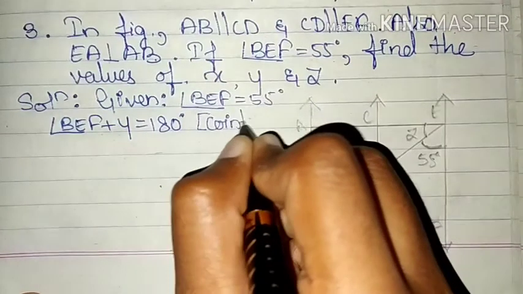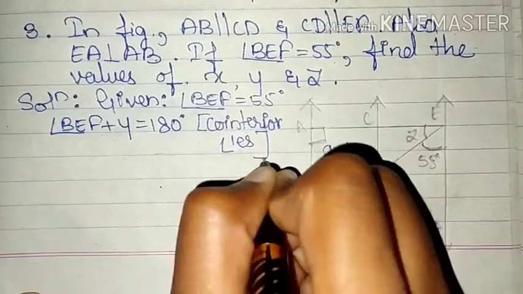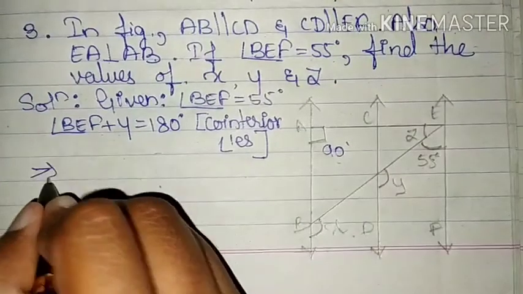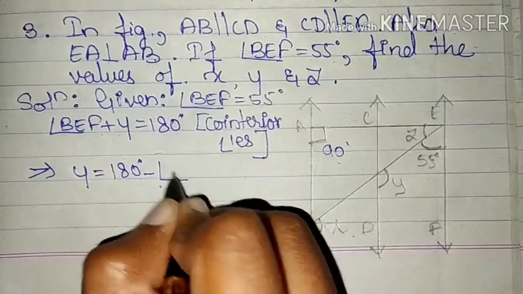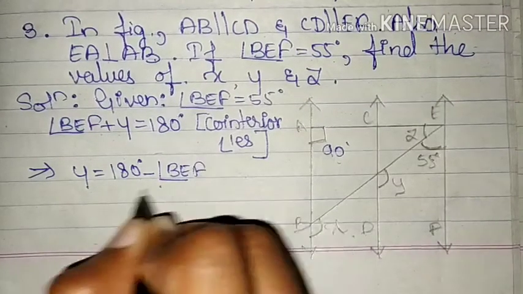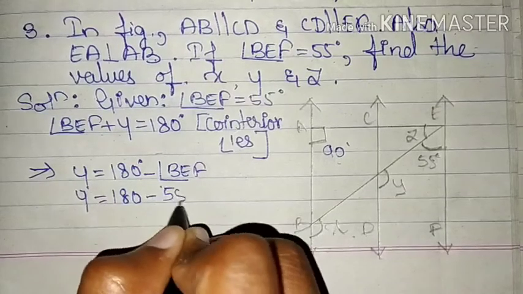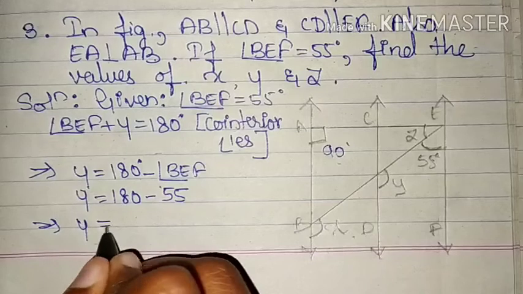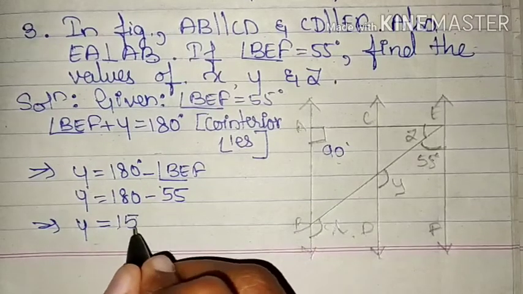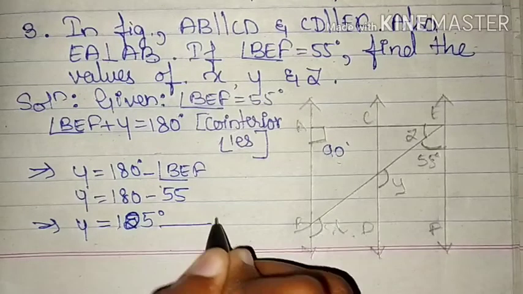They are co-interior angles formed by the parallel lines. So this implies Y is equal to 180 degrees minus angle BEF. So Y is equal to 180 minus 55. This implies angle Y is equal to 125 degrees. This is our result 1.